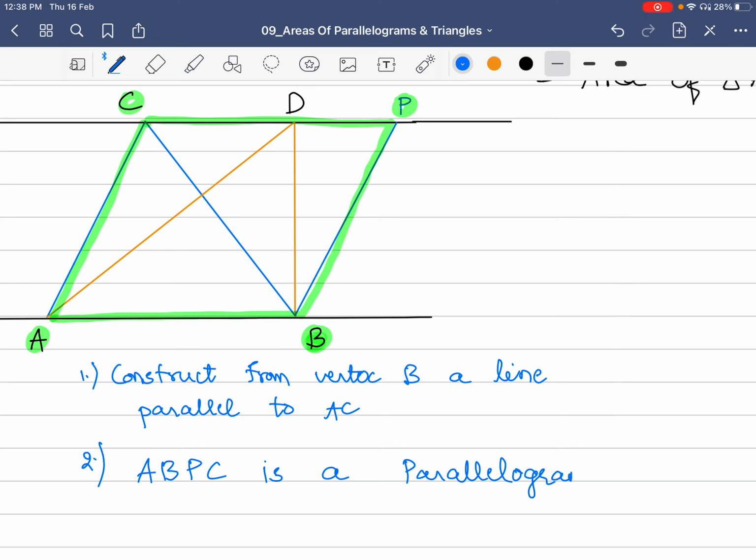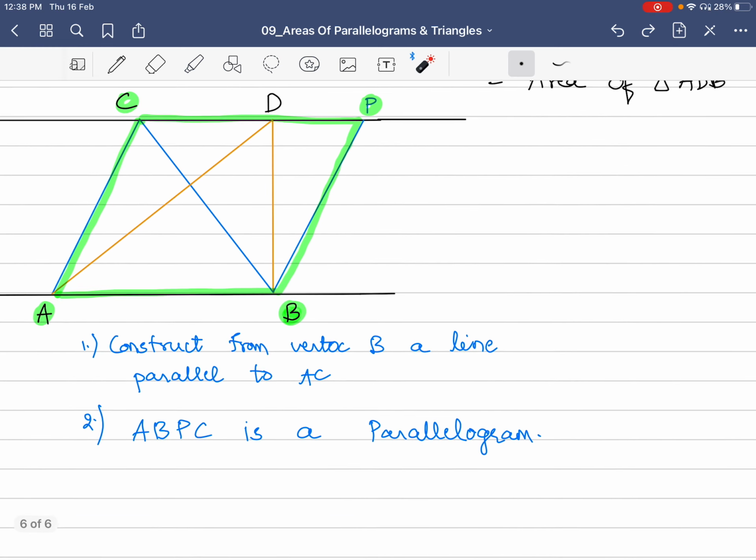Now focus on this parallelogram ABPC and this triangle ACB. Both of them have the same base AB and they are between the same two parallel lines. Which means the area of ACB will be half the area of this parallelogram. Why? Because that is the previous theorem we have seen, that this triangle will always have area equal to half the parallelogram with the same base AB.